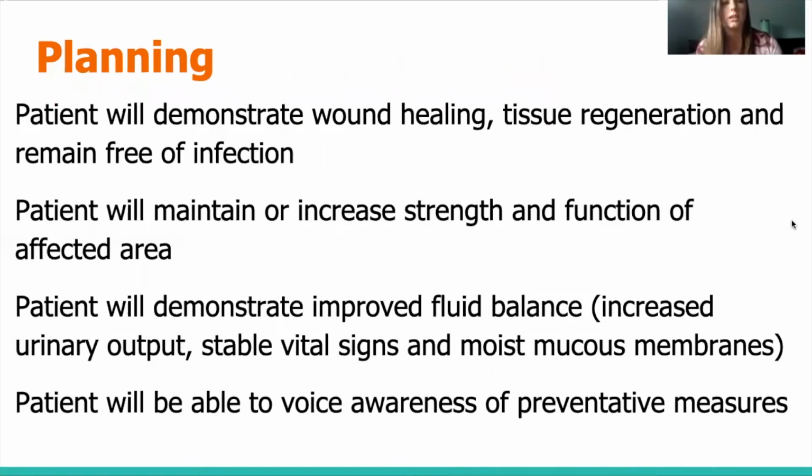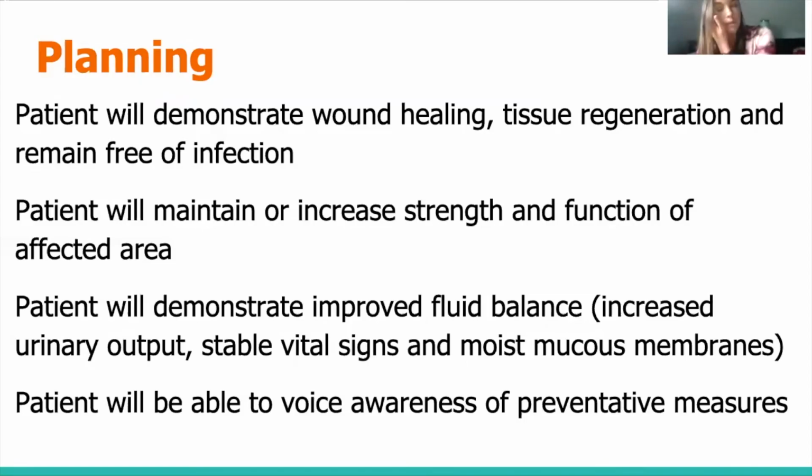So planning, these are kind of the outcomes that we want the patient to achieve, and they differ for different patients, like whether they have burns all over their body or just little burns, but I just picked some overall ones. So you want the patient to demonstrate wound healing, tissue regeneration, and remain free of infection.